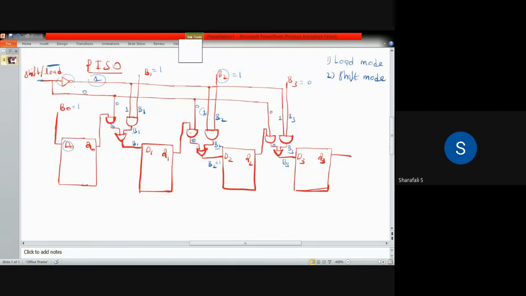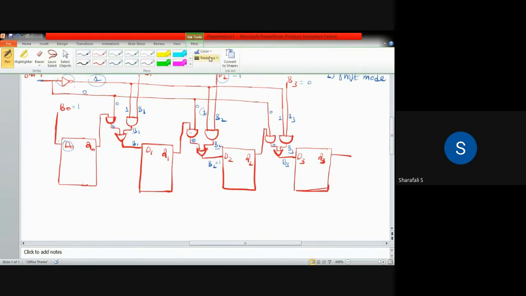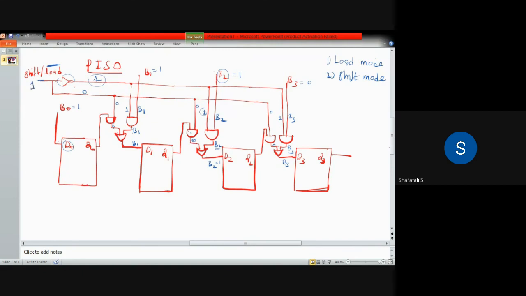Suppose, when this line is 1, then the load line becomes 0. This particular part is 0, and this one will become 1. Now your input is already loaded. B1, B2, B3, B0 all are loaded.